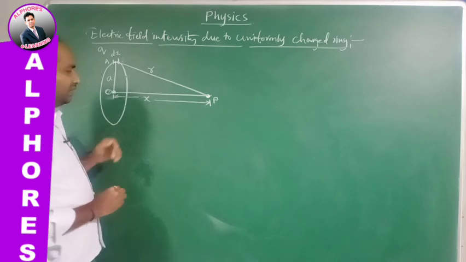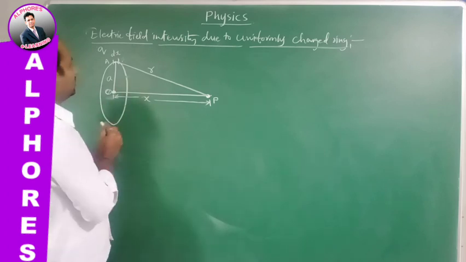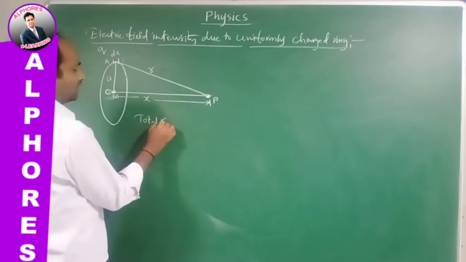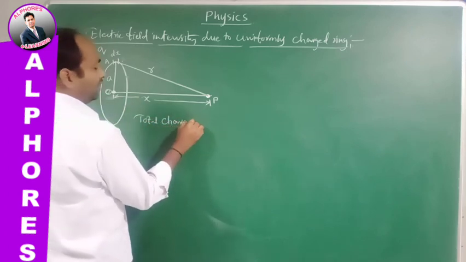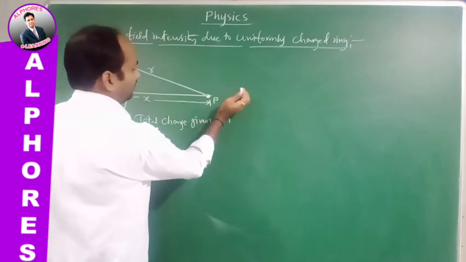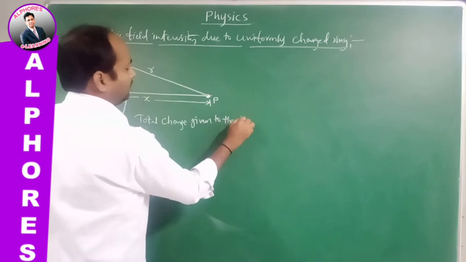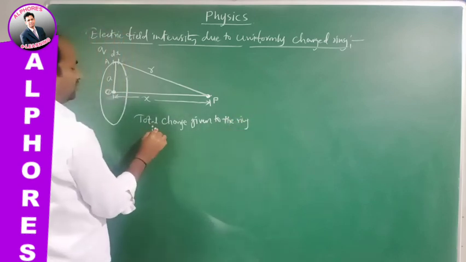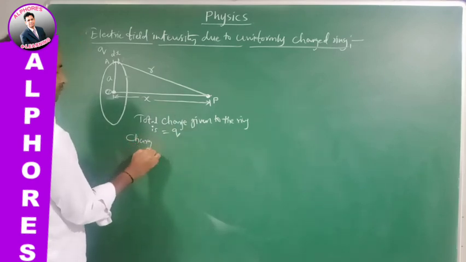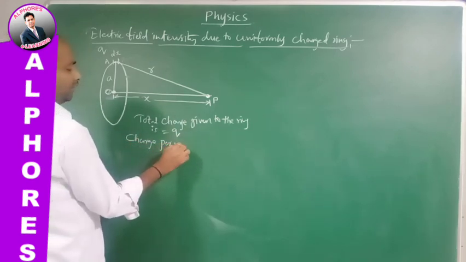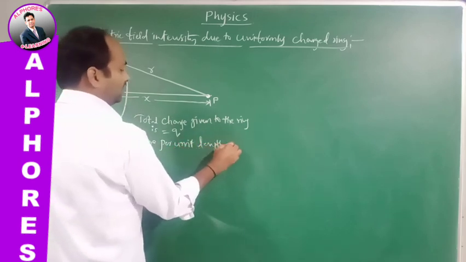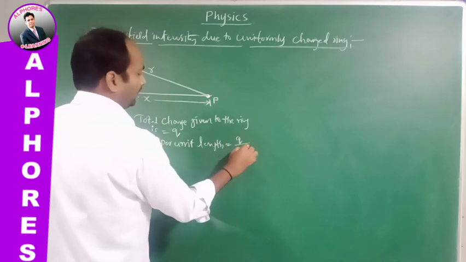So right here, total charge given to the ring is Q. Now charge per unit length is equal to Q by 2 pi a.